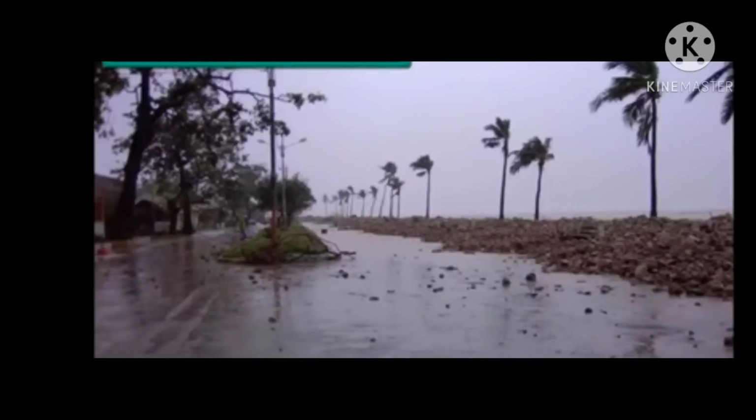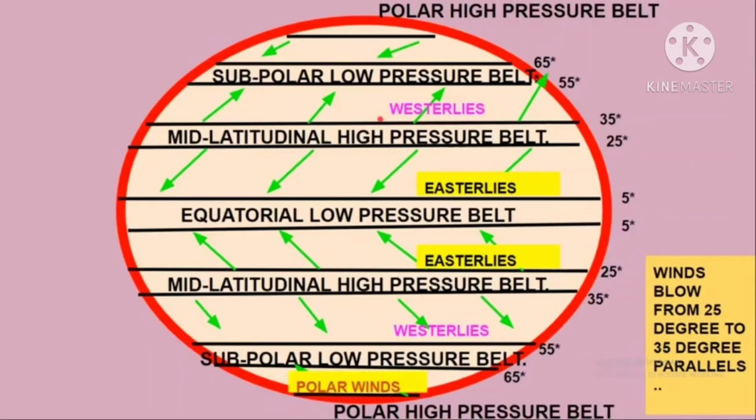If there is less difference in air pressure, winds blow with less velocity. That means if the pressure difference is less, the winds blow with less velocity. Less velocity means less speed. Winds blow with greater velocities if the pressure difference is greater.